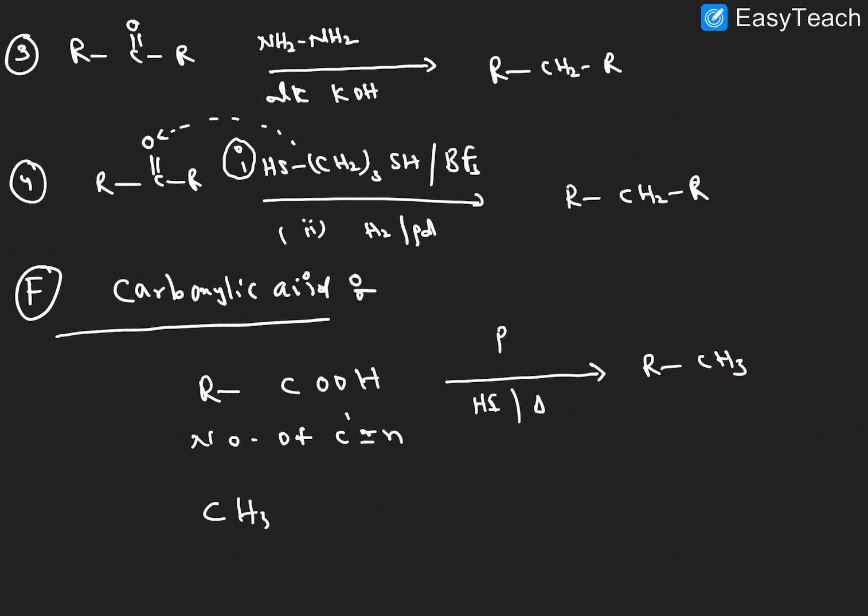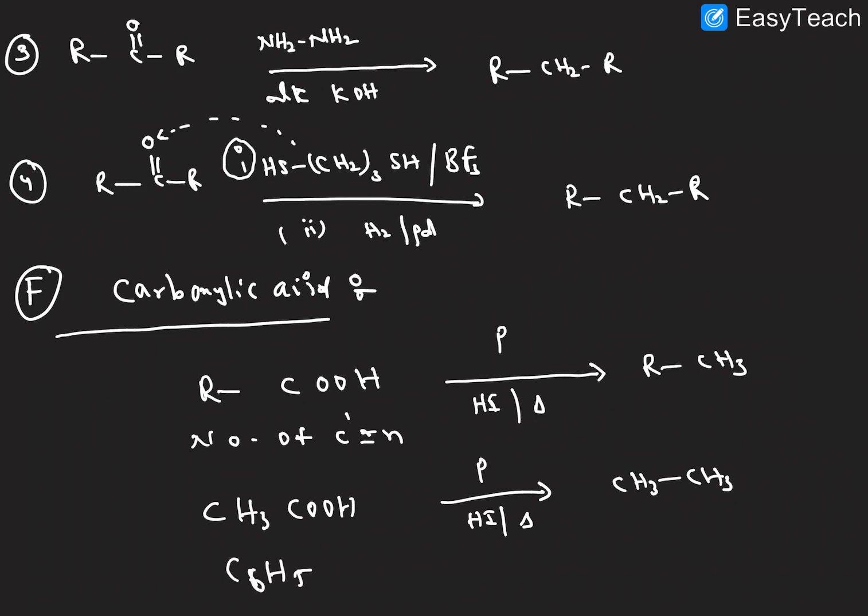Here, one more example we can take. This is a very good example. This is acetic acid, and with the same red phosphorus and HI, what will you get here? CH3CH3 you will get. The same with benzoic acid. What is the formula of benzoic acid?